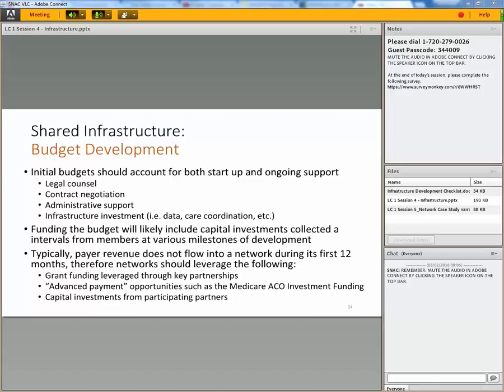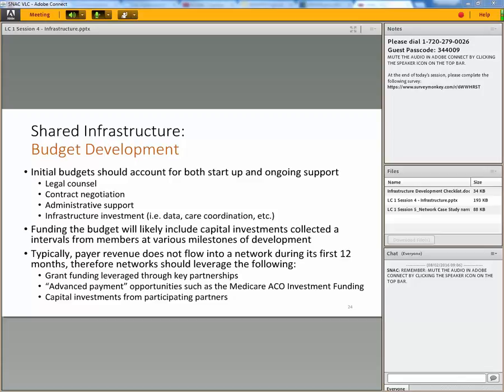Funding that budget, we mentioned you have a variety of different ways of doing that, which could include outside funding, but often include support from the participants. And even if the long-term financial reality of your network is that you expect payer revenue to make it sustainable, it's not realistic to expect payer revenue for the first 12 months of forming a network.